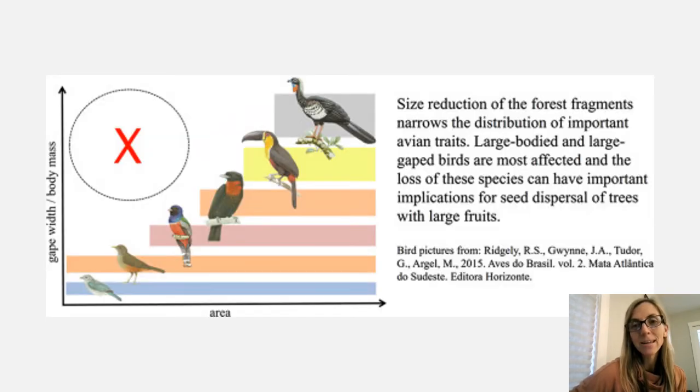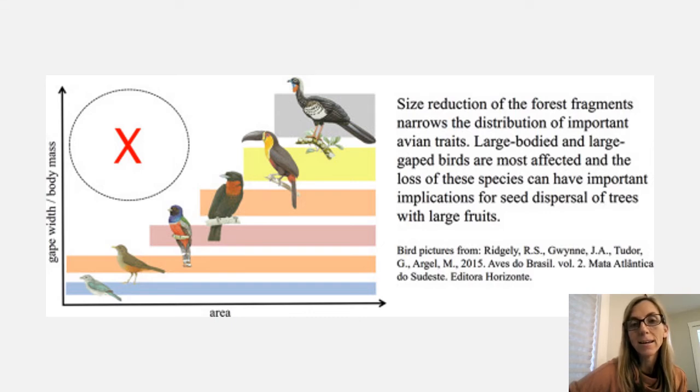There was an interesting study I wanted to highlight where the researchers investigated the effect of patch size reduction on the composition and the functional richness of avian communities. They focused on some morphological traits associated with seed dispersers in frugivorous birds. And they found that there were three key traits that were important.